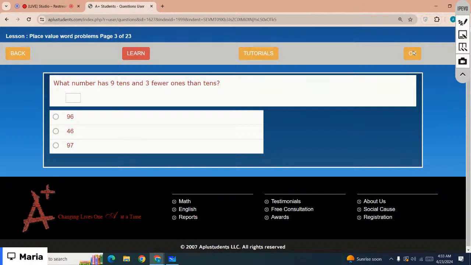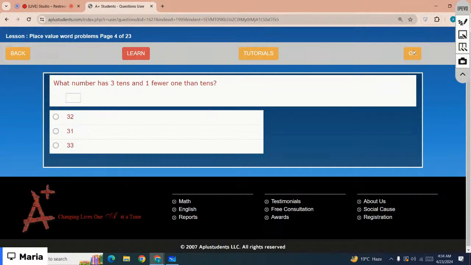What number has nine tens and three fewer ones than tens? Which is the correct option? Six option. What number has three tens and one fewer one than tens?